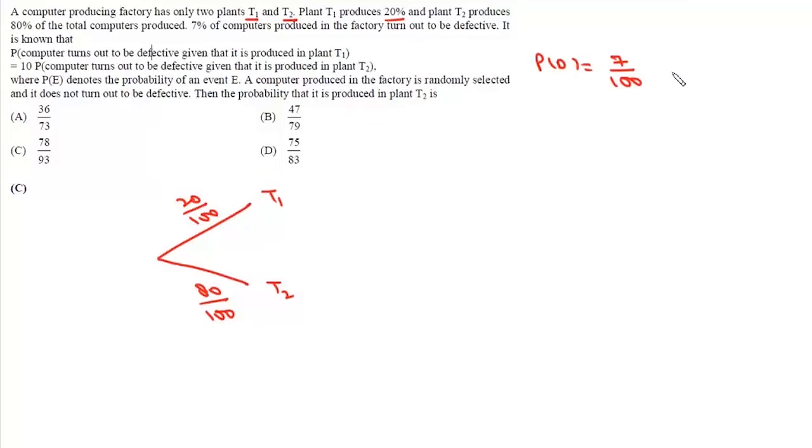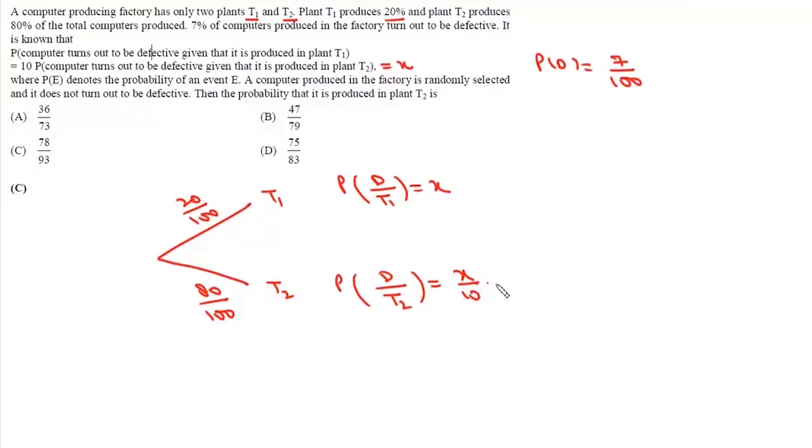It is known that the probability a computer turns out defective, given that the product is from plant T1, is 10 times the probability that a computer turns out defective given it is produced in plant T2, and suppose this is X. So the probability it is defective if it has come from plant T1 will be X, and the probability that it is defective if it has come from plant T2 will be simply X by 10.